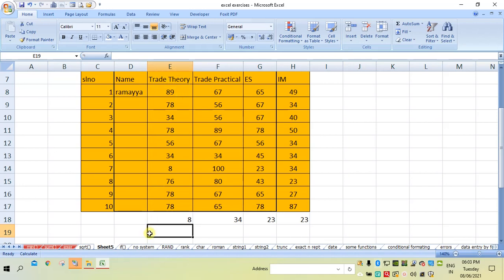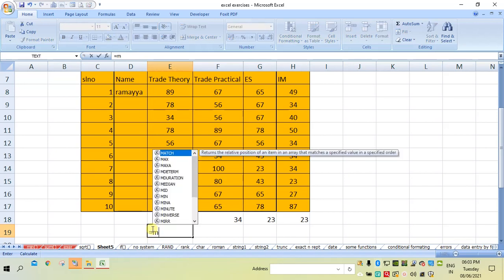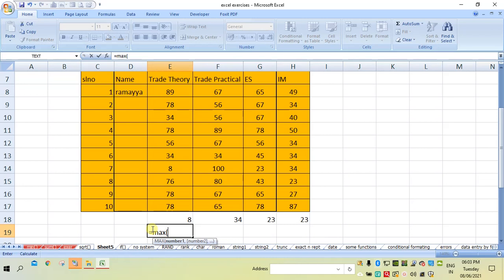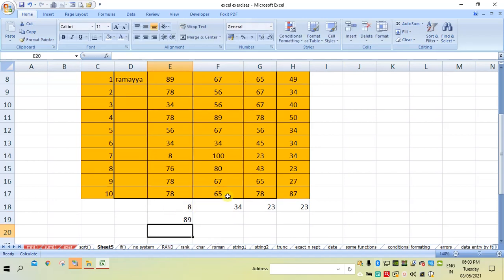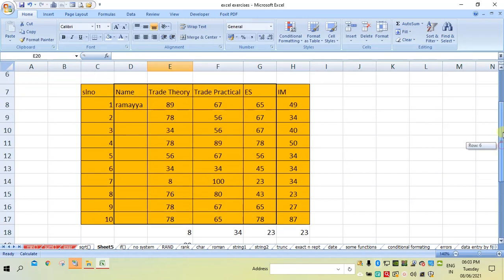To do that, in this cell I will type equal to MAX in brackets, choose all these cells, bracket complete and click. So 89 is the highest mark obtained in trade theory.